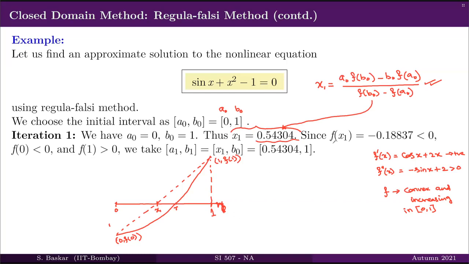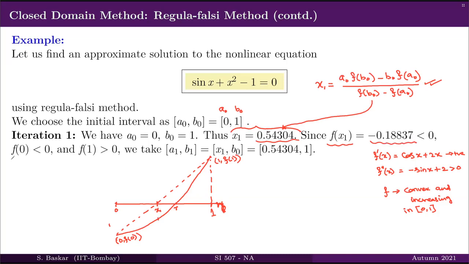Now from here, we have to get the interval for our next iteration, that is the interval a1, b1. For that, you have to find the value of the function f at the point x1, which in this case is given by minus 0.18837.